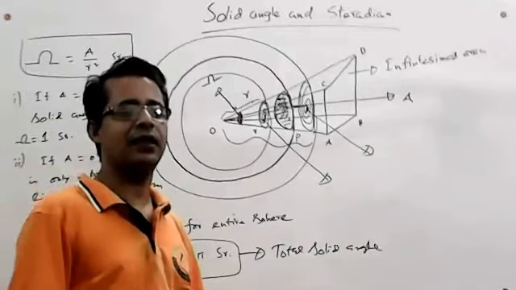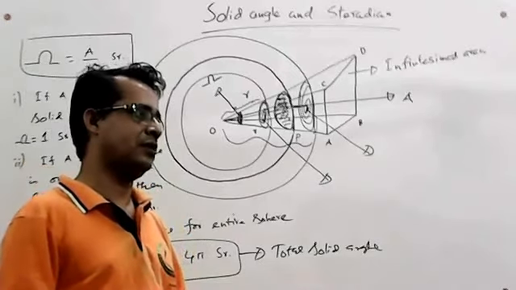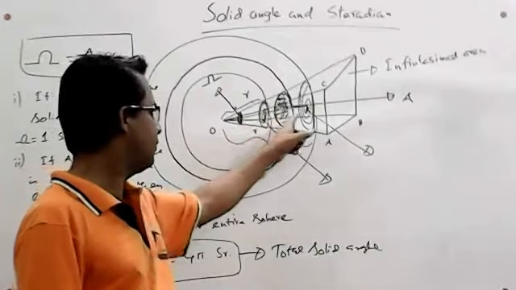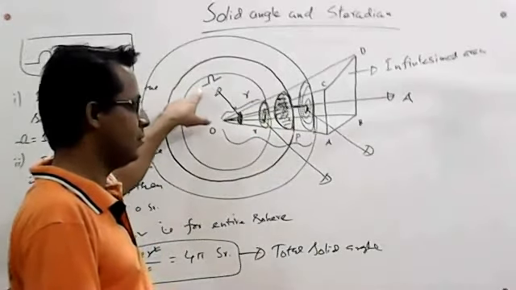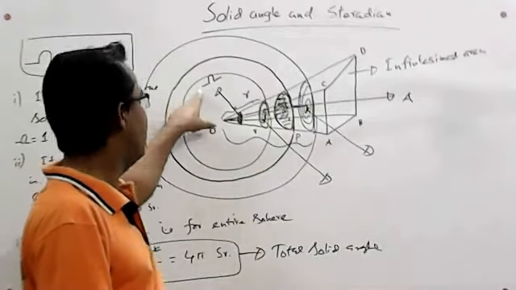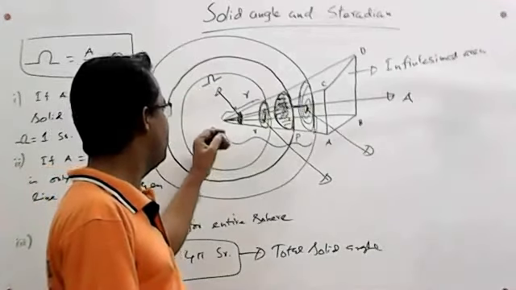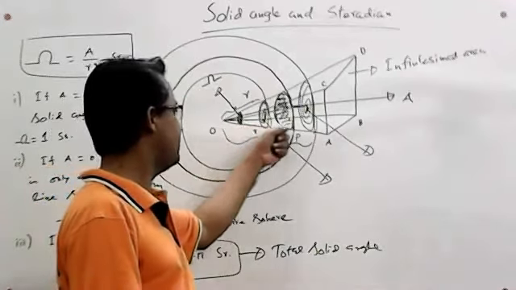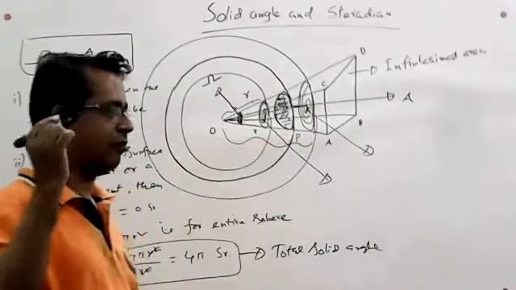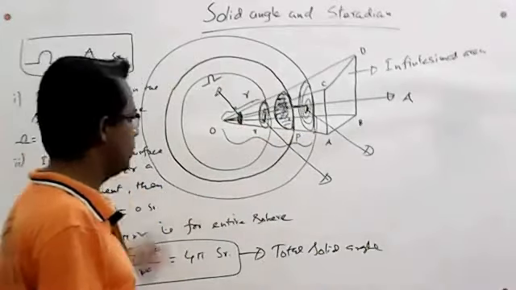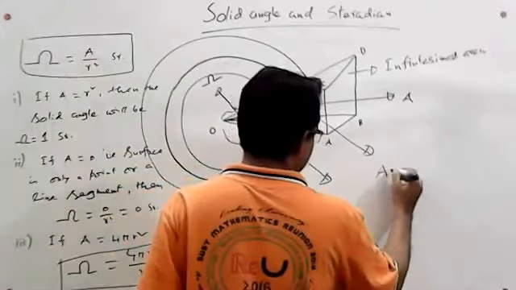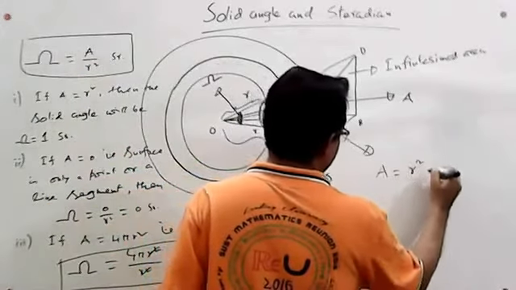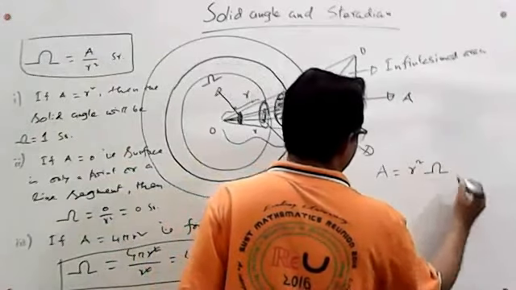But a question can arise: if for all the surfaces the solid angle is constant, then how can we measure different surfaces? It's not a problem. From this definition, we see that the surface area A equals r square times omega.